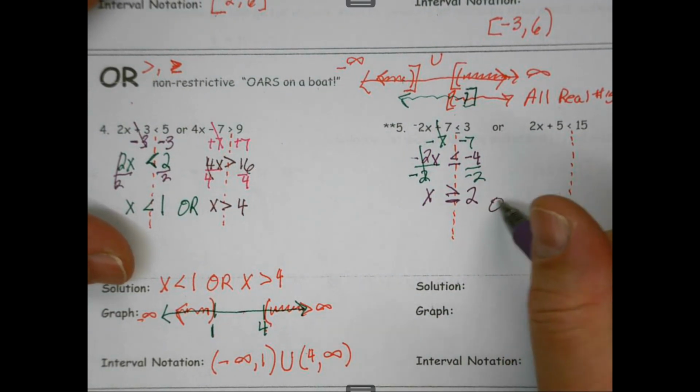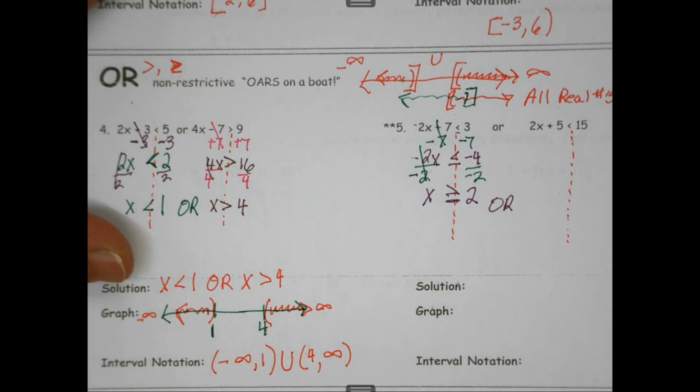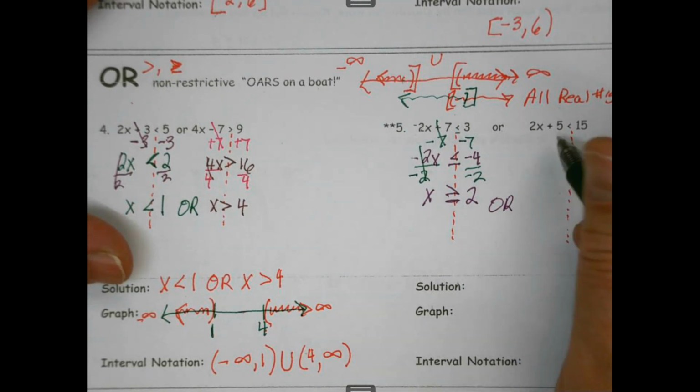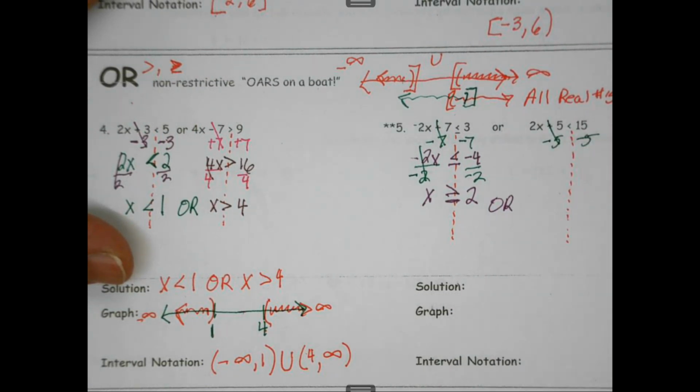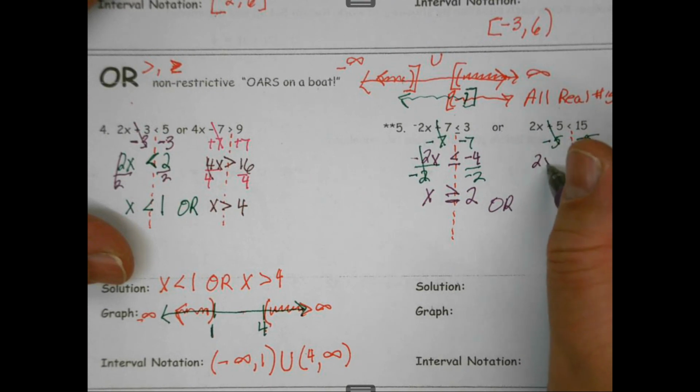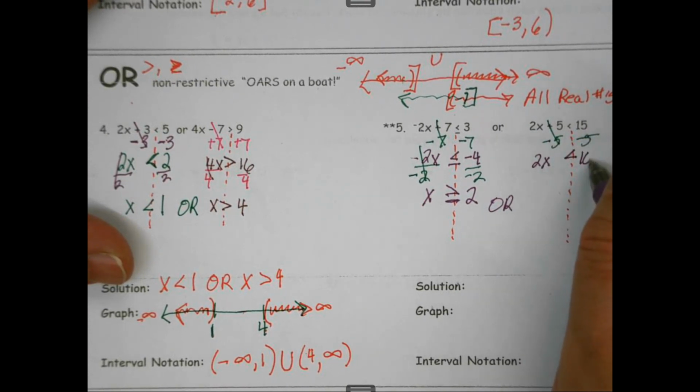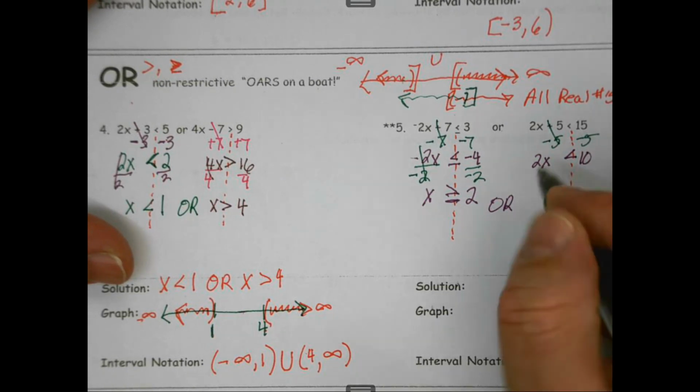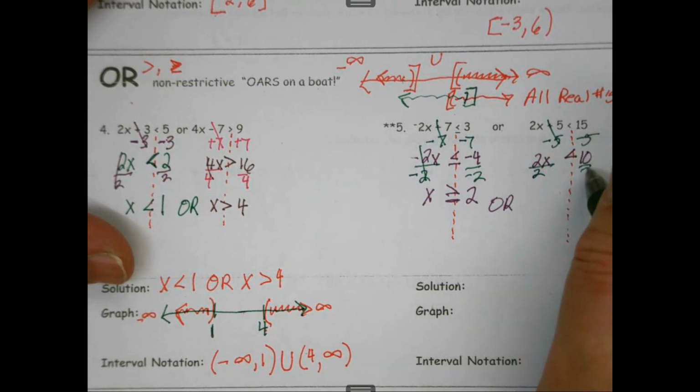Divide by 2. Divide by 2. I get x is less than 5. So here's my solution: x greater than or equal to 2, or x is less than 5.